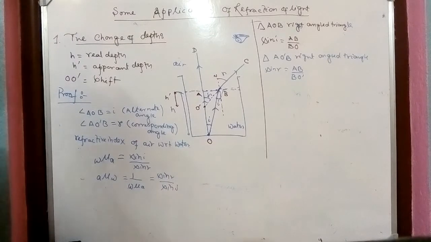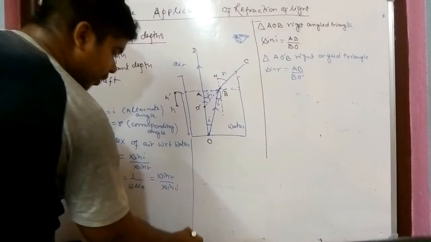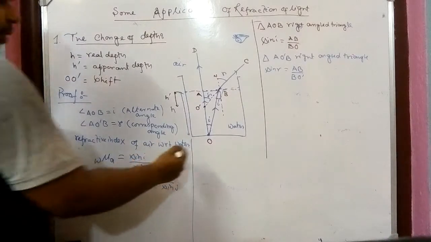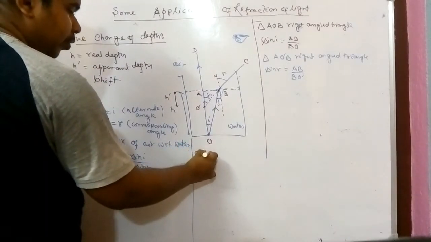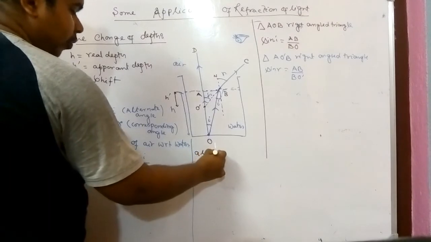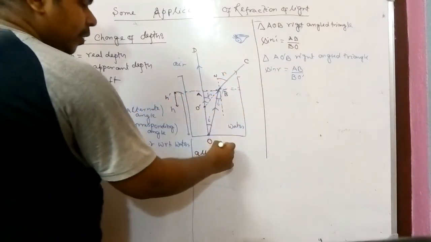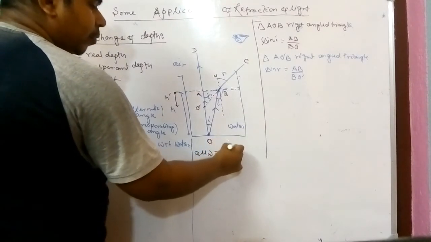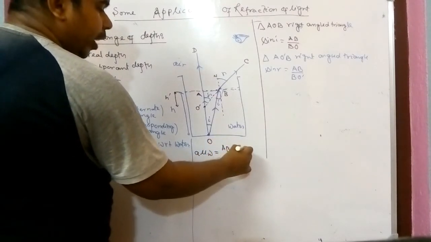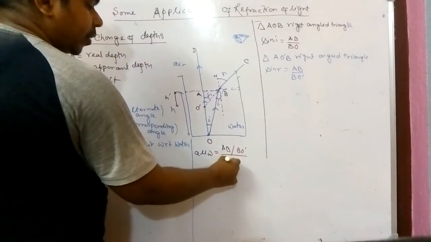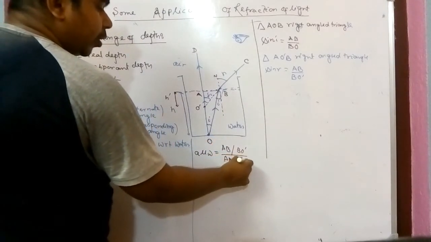Now, if I want to find the refractive index here, because the refractive index aμw, see it, aμw is equal to sin r by sin i. So sin r means AB by BO' divided by AB by BO.